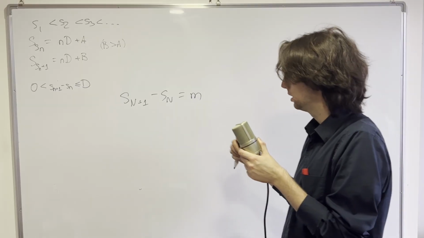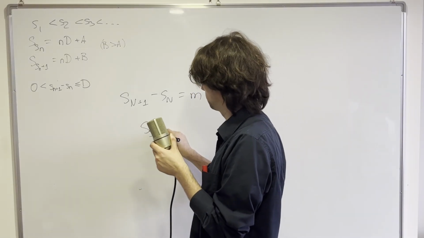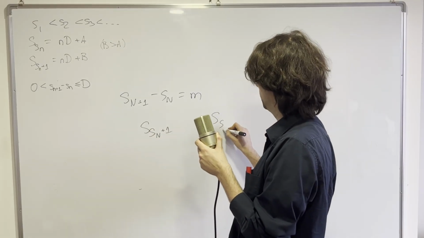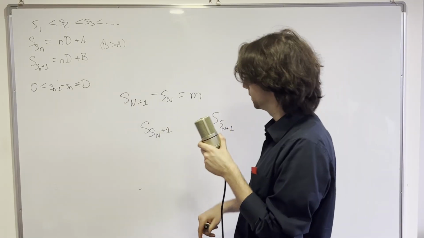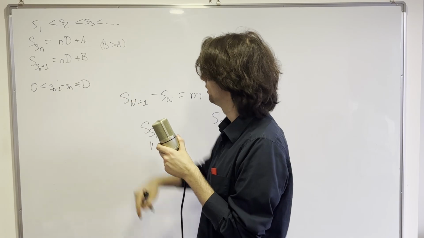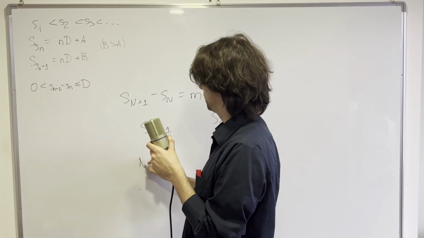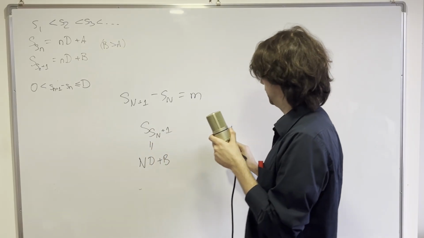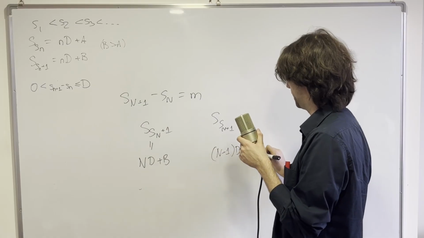We looked at what happens with SS of n plus 1 and SS of n plus 1. What was this equal to? Well, it's n times d plus b, and this is equal to n plus 1 times d plus a.